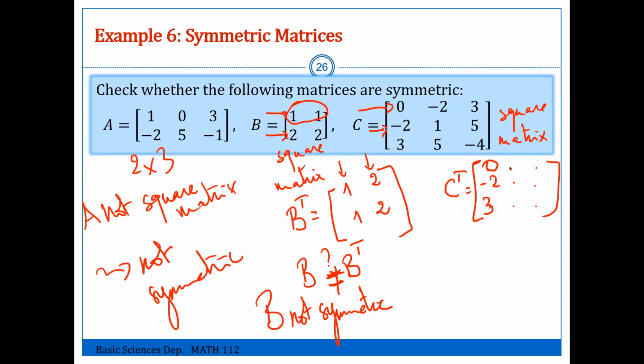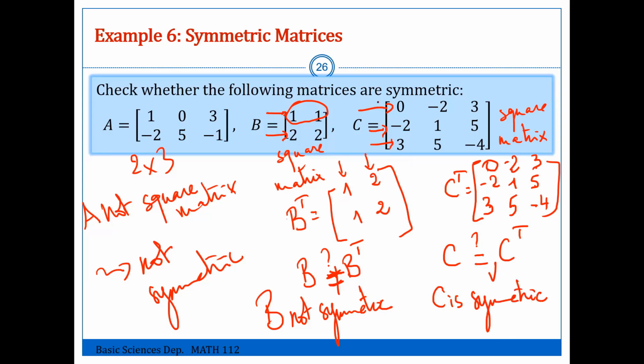The second row is the second column. The third row is the third column. And we compare C and C transpose. Are they equal? Yes, they are. So C is symmetric.